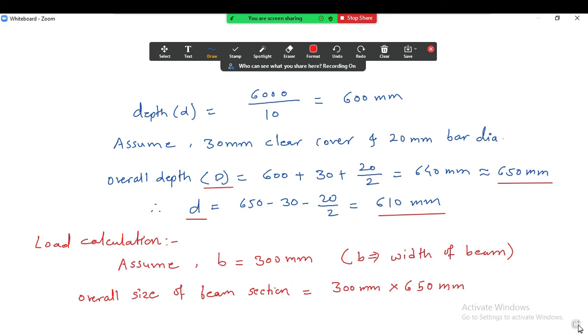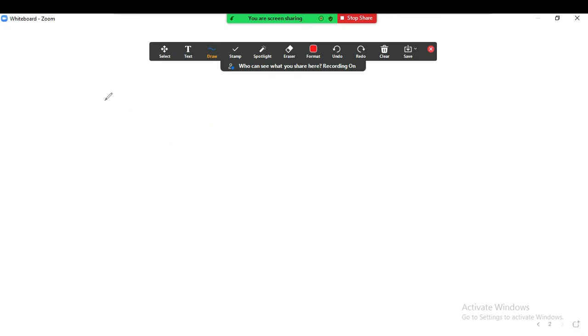Now take the self weight of the beam. 0.3 is our width into 0.65 is our depth, multiplied by 25. What is the self weight?